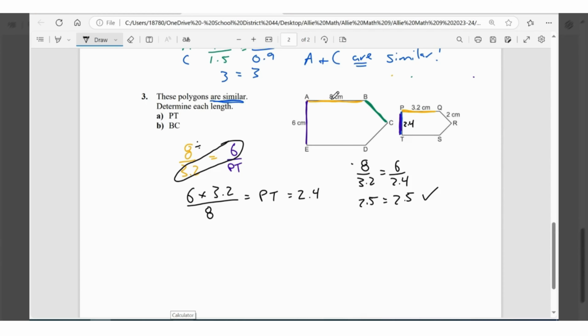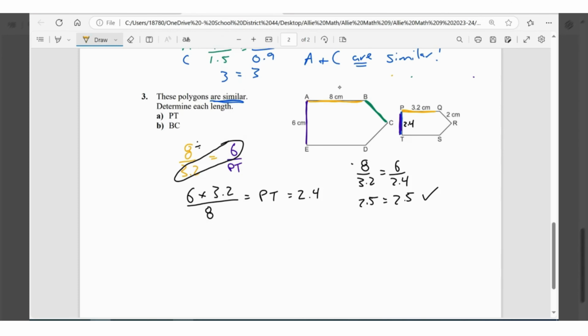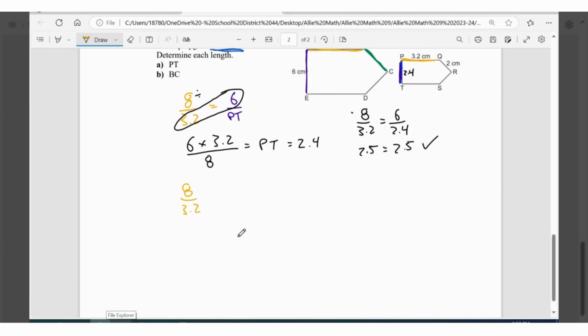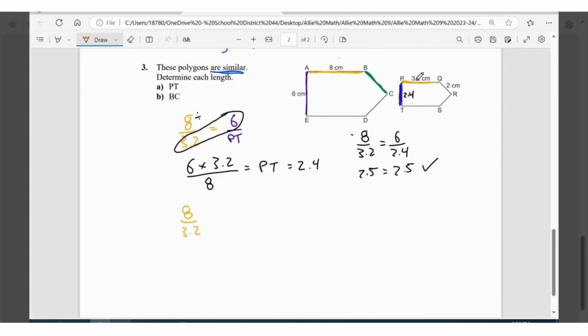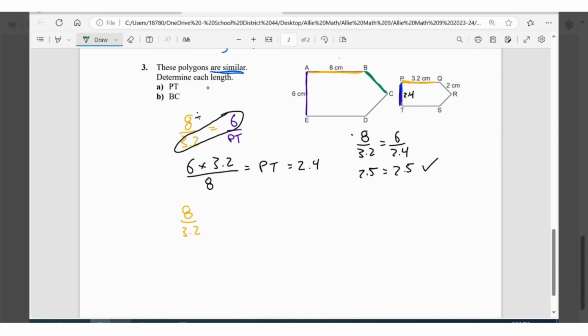We can use the same relationship if we'd like. So we can use the same relationship that 8 over 3.2 should be equal to, what do we need to find here? BC over 2. So we can compare BC to its corresponding side right there. So it should be equal to BC, which is what we need to find out, over 2.